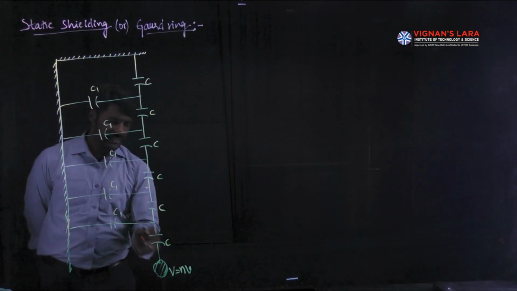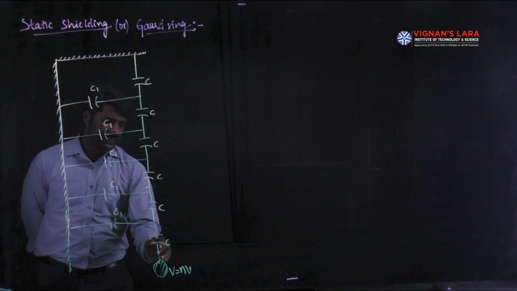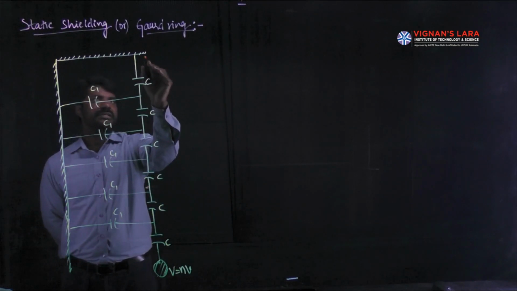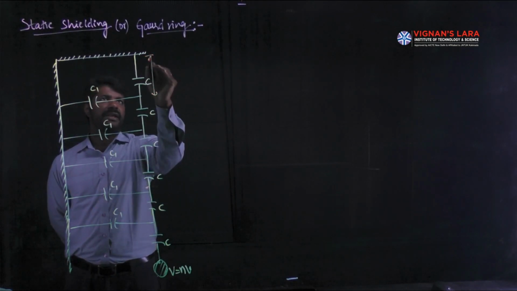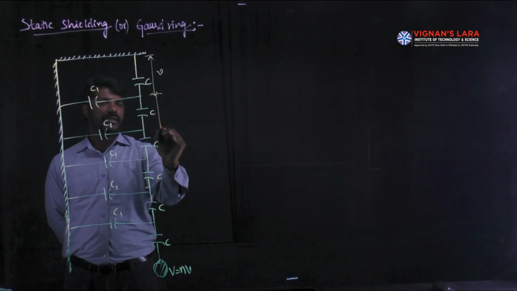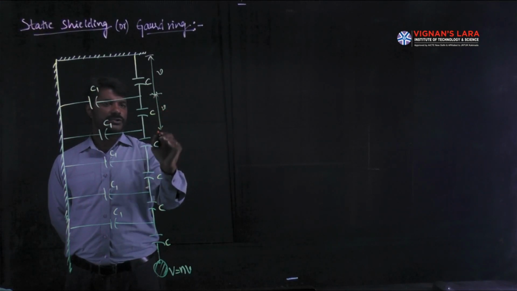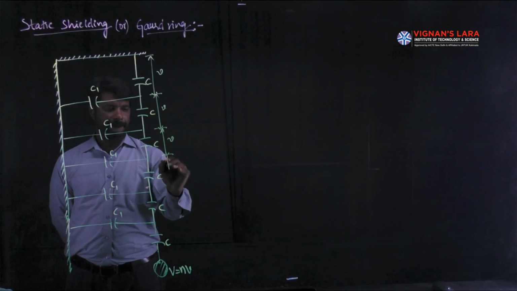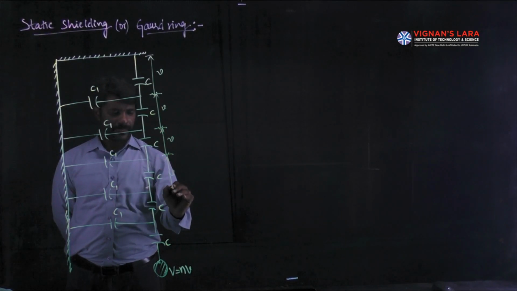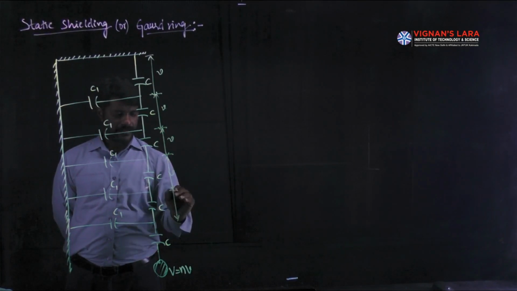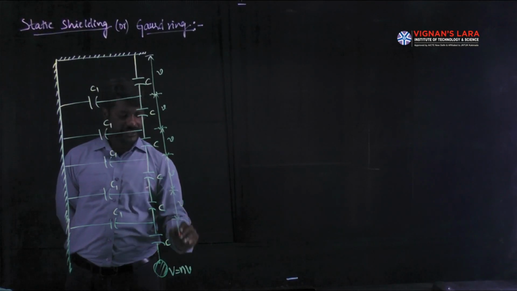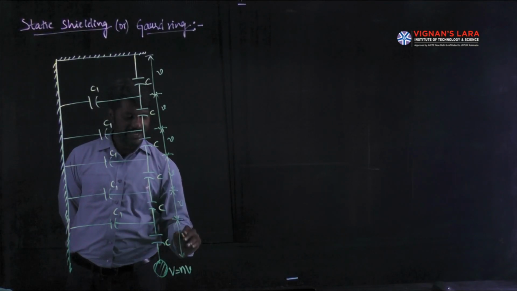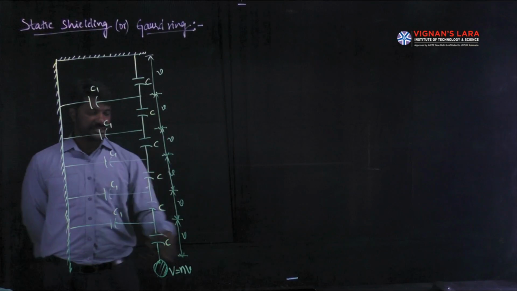If you check, the voltages across them will be maintained the same, V volts. All n units have equal voltages, called n into V, the total voltage.